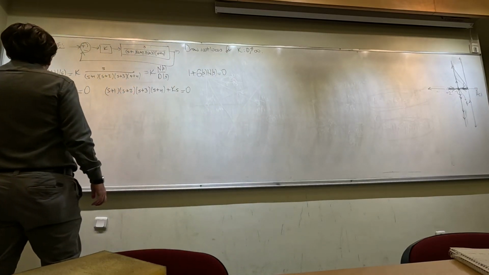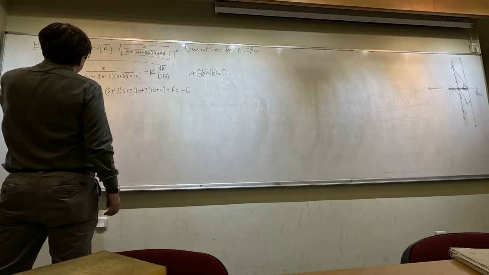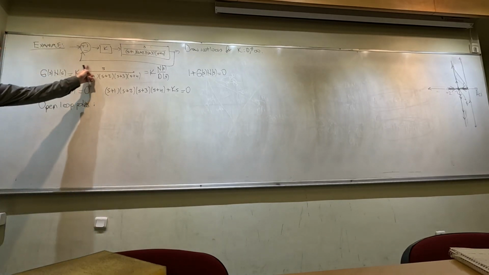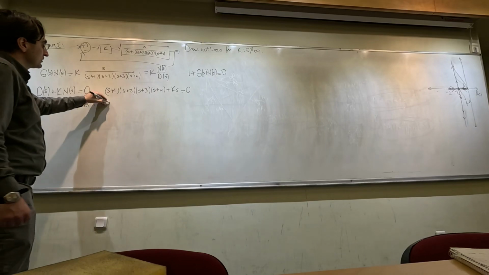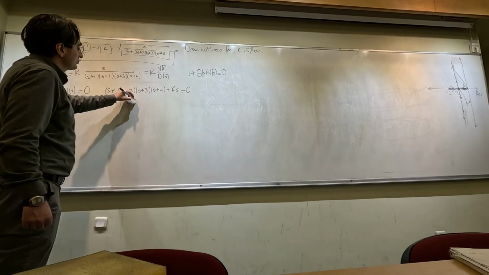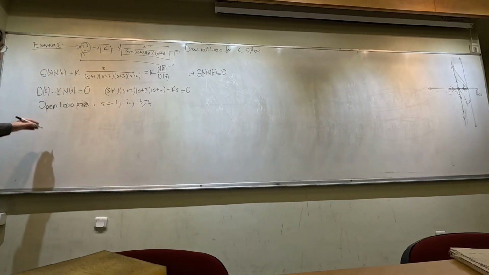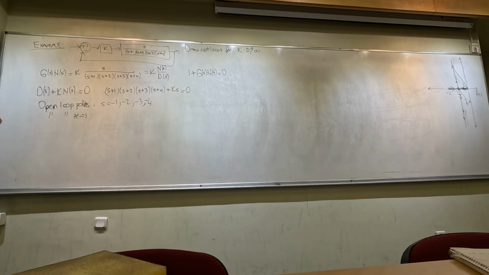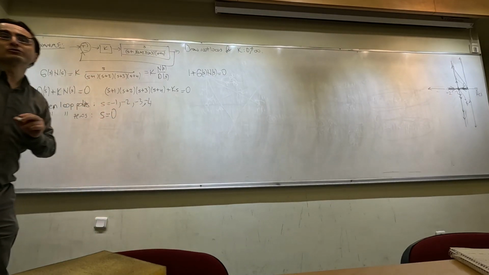So if I look at open loop poles, where are they? Open loop poles are the poles of this transfer function. They are at s equals to minus 1, minus 2, minus 3, and minus 4. Okay? And open loop zeros, where are they? There is only one. It is at s equals to 0.